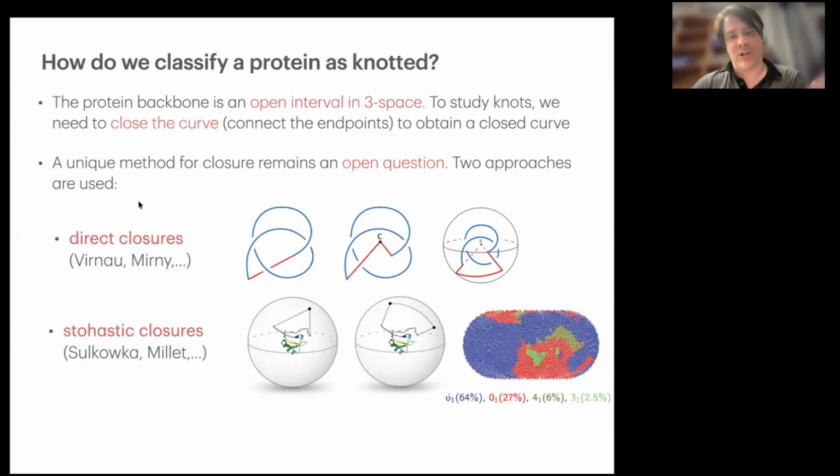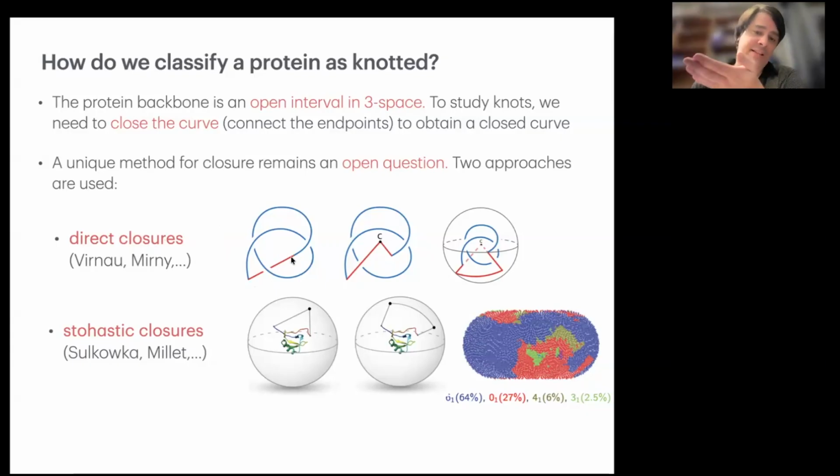In general, it's still an open question how to uniquely close a protein, but 2 methods were used in the past. The first methods that were introduced were some sort of direct closure. So you have the 2 ends, an amino end and an acid end. You can close them by a direct segment.